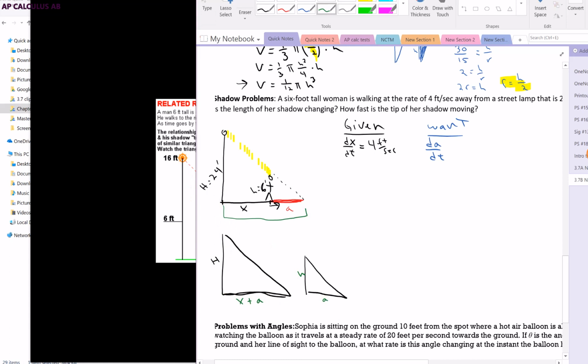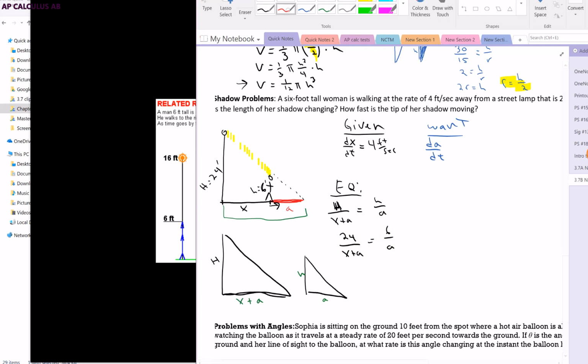Since they are similar, their side lengths are proportional. So I can write H over x plus a equals little h over a. The corresponding sides have this relationship. And then let's plug in the things we know. I know that this big H is 24 and it's a constant, so I can plug it in. And I know the little height is 6. It's also a constant, so I can plug it in.